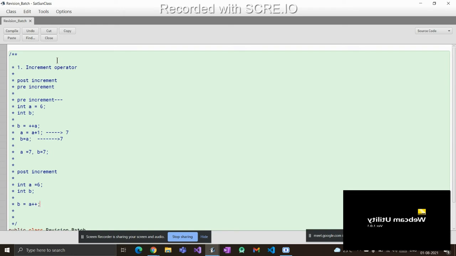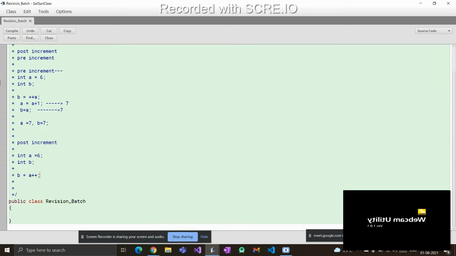This is called post-increment, and in post-increment, first whatever value I have in A is given to B, and then the value of A is incremented. I will not do it; the computer will do it automatically. Behind the scenes, B equal to A will happen, and then A equal to A plus 1 will happen.